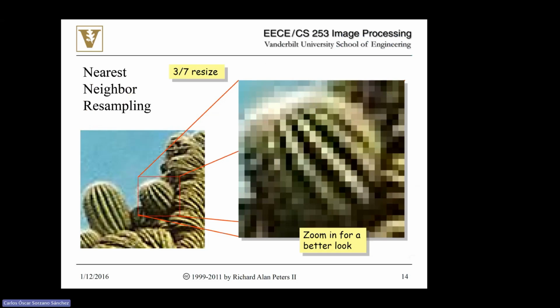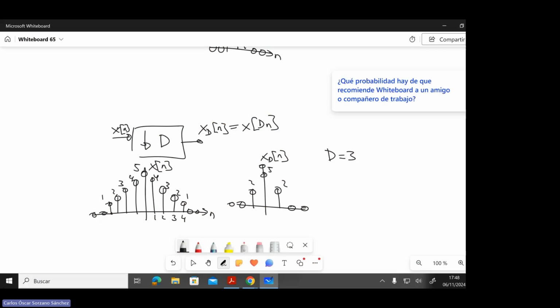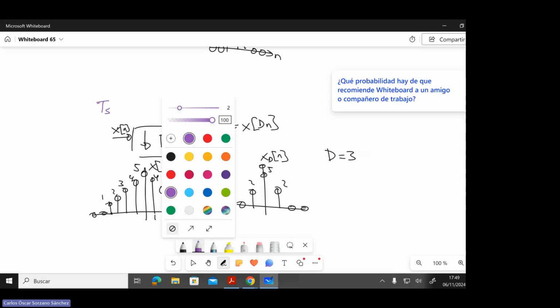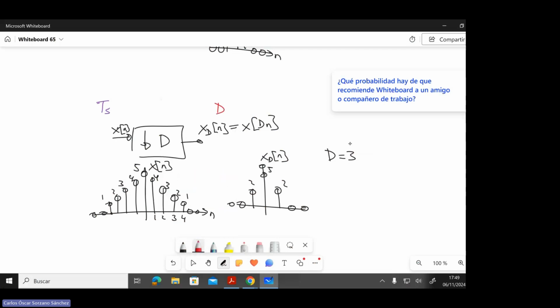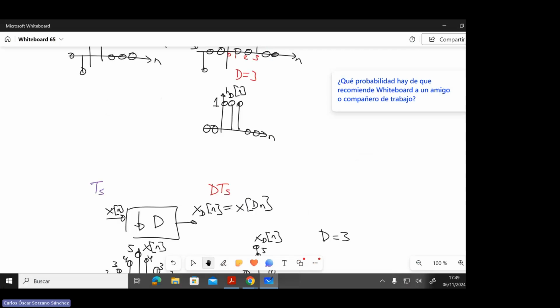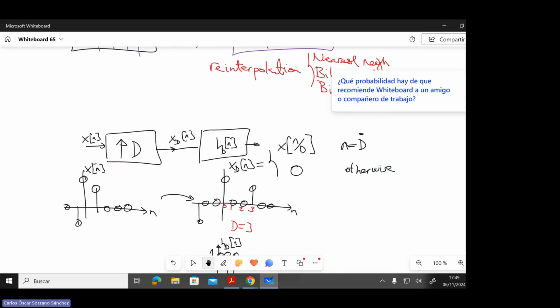Something important. Let's go back to here. Let's use the same colors as I used before. Let's say that this pixel size is px, and same above, pixel size px.